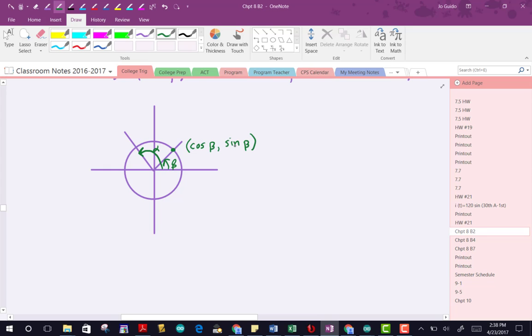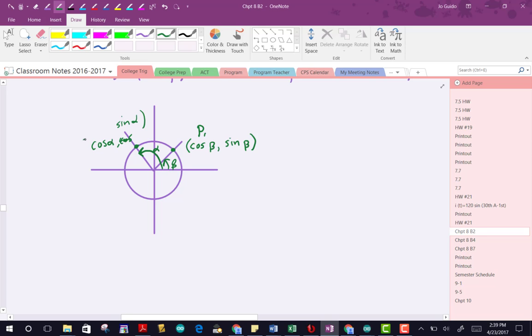This point over here, because this big angle is alpha, has coordinates cosine alpha and sine alpha. We're going to call that point P2.